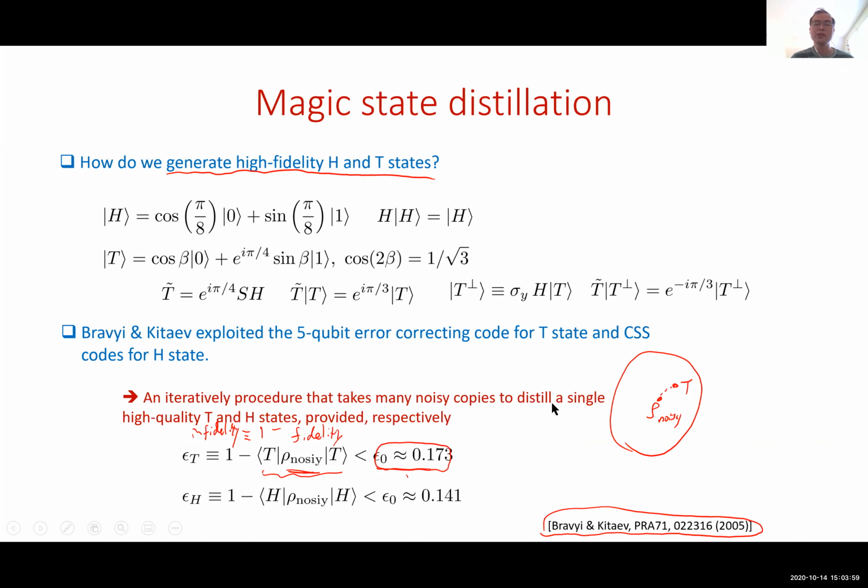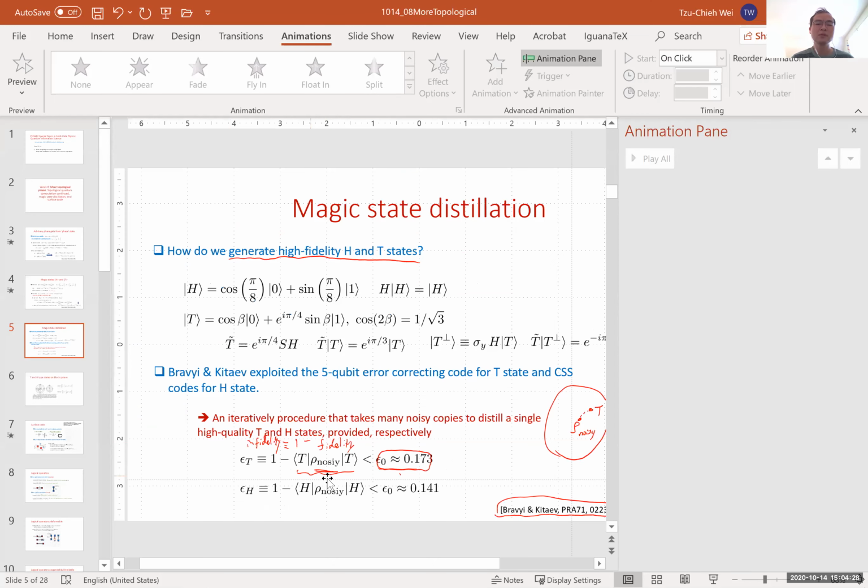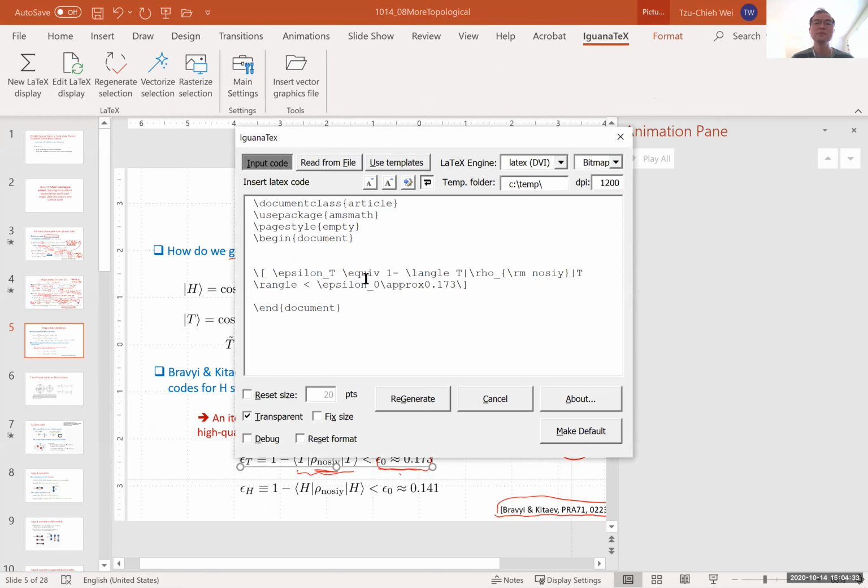For the H state, you have to use a different error correction code, of the CSS type. And they show that if the infidelity to this H state is small, then you can also distill high quality H states. I have a typo here, so maybe I'll correct the typo. This is noisy.